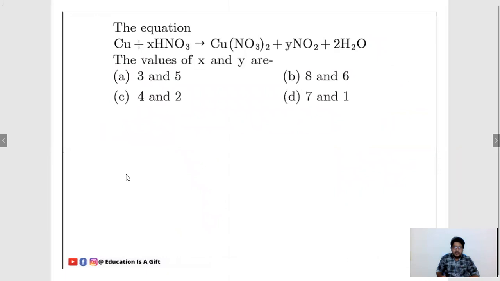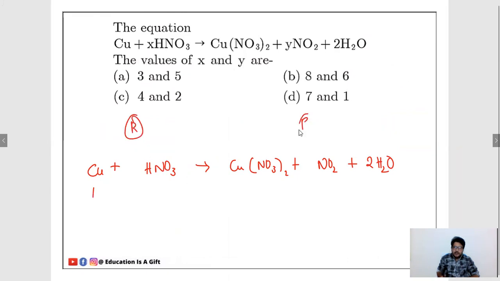The equation Cu plus X HNO3 nitric acid gives rise to Cu(NO3) taken twice, copper nitrate, plus Y NO2 plus 2H2O. That is the equation given. The values of X and Y. Simple. They are asking us to balance it. So if you want to balance, how many copper? 1 copper on the reactant side, and another 1 copper on the product side, so copper is balanced.